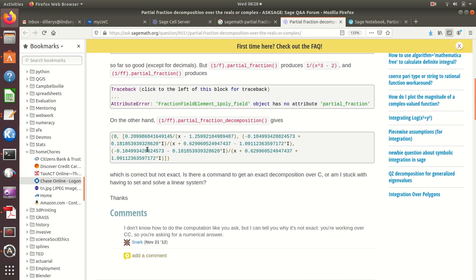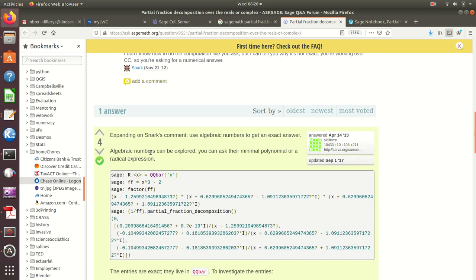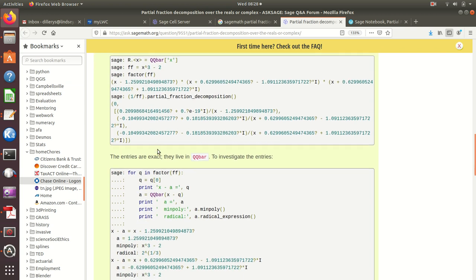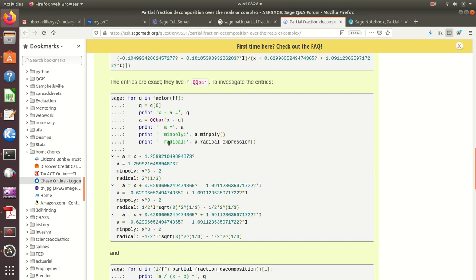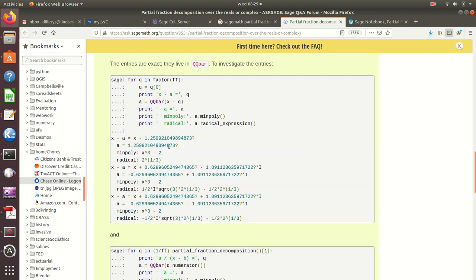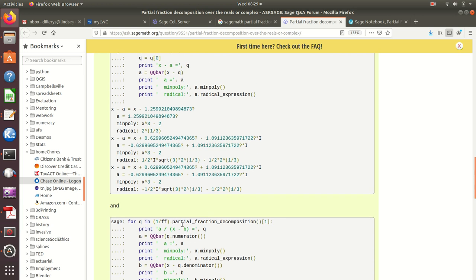Now, can we use anything else? Not too much, it doesn't look like. Here I go down, I look at answers and so forth, and I look to see what it's doing. I don't really see anything where it's using the partial fraction decomposition. Now notice that's a little different.